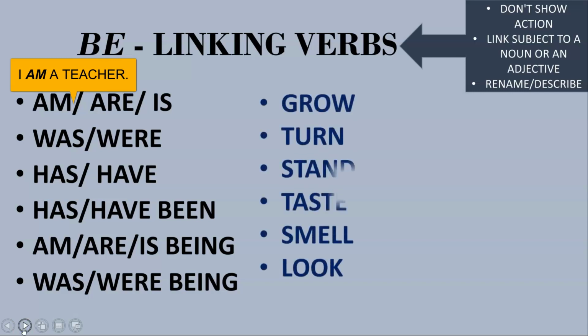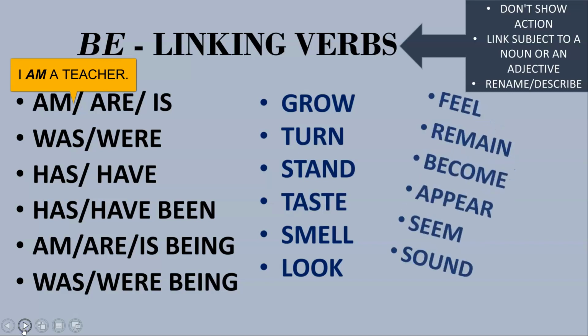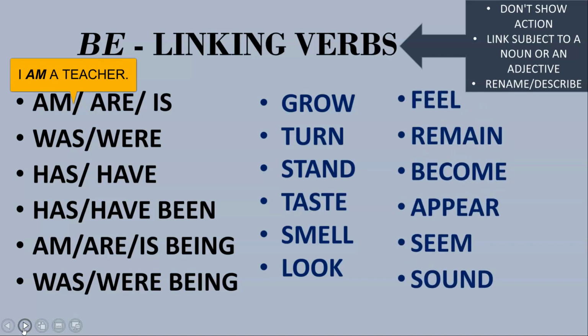Now, we also have other verbs like these in these last two columns, and they may sometimes be referred to this way because they don't necessarily show action. So for example, grow or turn, stand, taste, smell, look, feel, remain, become, appear, seem, and sound.